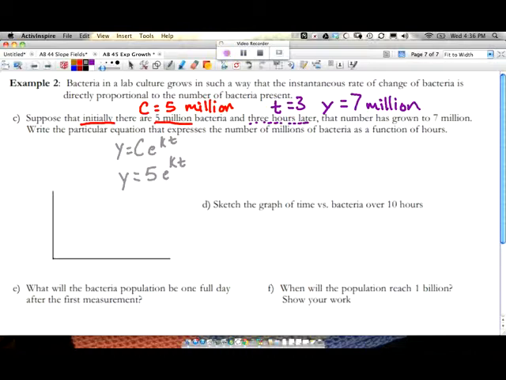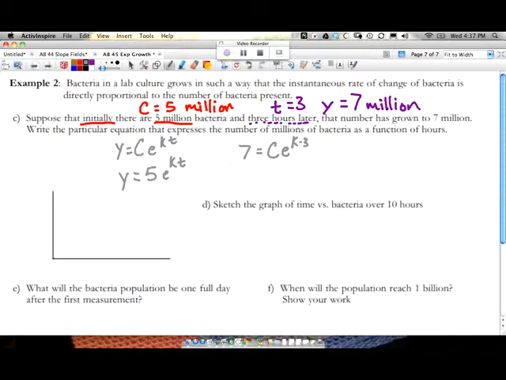And when t is 3, y is 7 million. So that means that 7 equals c times e to the k times, well, what do we got here? 3k. Okay, that's not too bad.